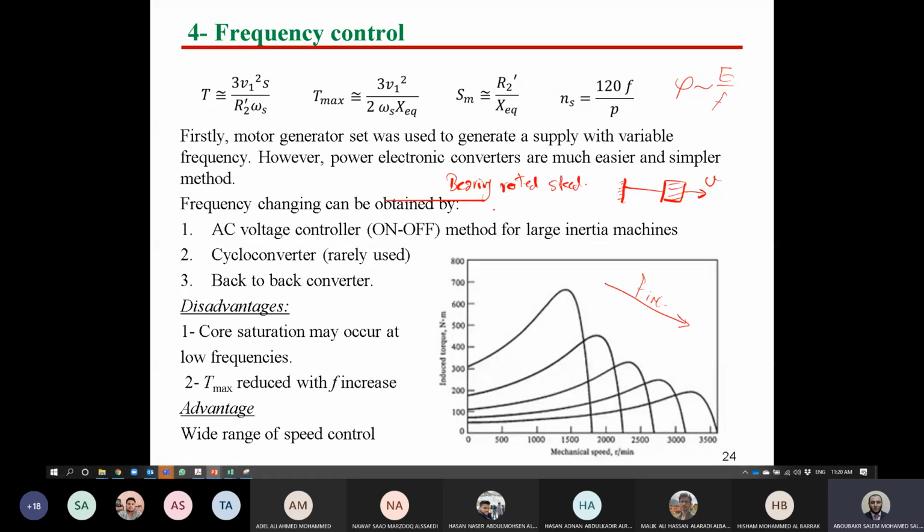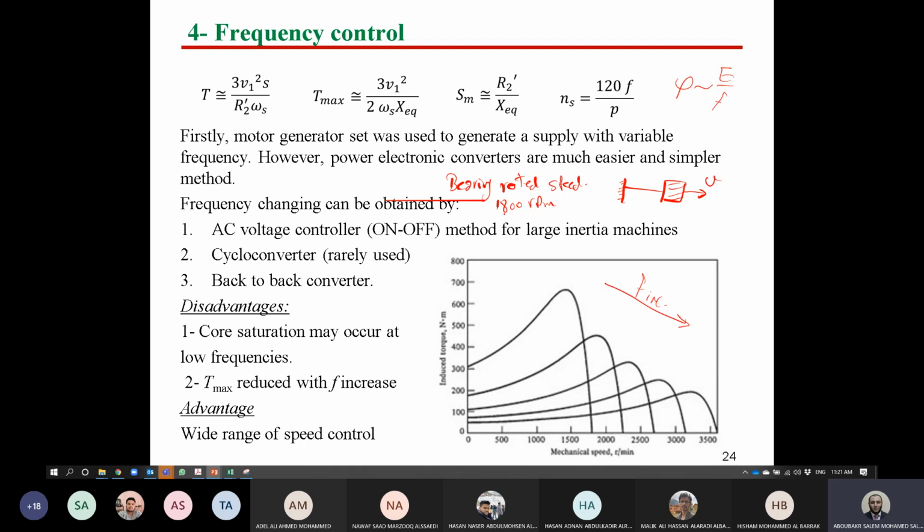For instance, if the machine is 1800 RPM, you may find the bearing rated speed as, for instance, 2000 or more than 2000, maybe reaching twice this value, 3600 RPM.